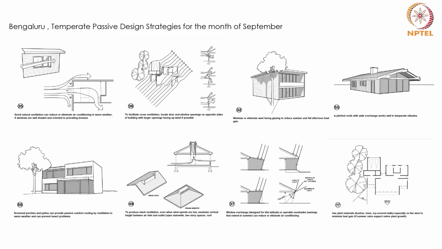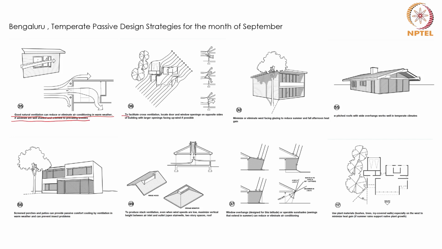So, what are the strategies that must be followed for the month of September for Bangalore? Good natural ventilation can reduce or eliminate air conditioning in warm weather if windows are well shaded and oriented to prevailing breezes.